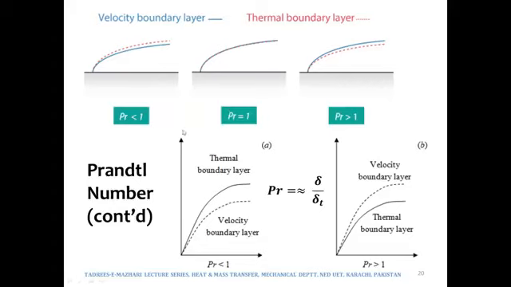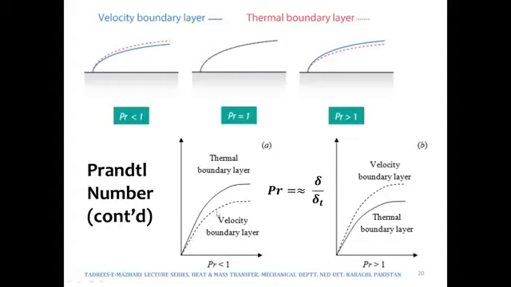Over here we can see that if the Prandtl number is less than 1, then the thickness of the thermal boundary layer would be more than the thickness of the velocity boundary layer, because it is a ratio of delta to delta t. So if Prandtl number is less than 1, it means that the numerator is less than the denominator. And what we have in the numerator is the thickness of the velocity boundary layer.